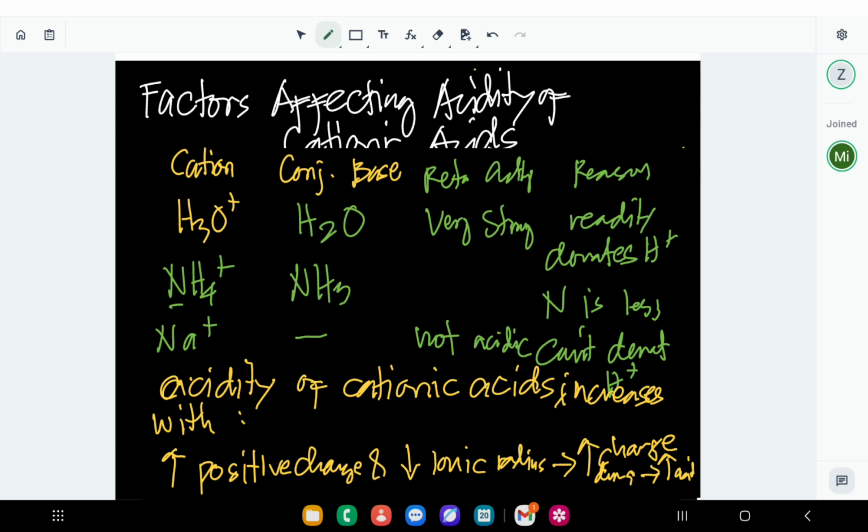Higher positive charge increases acidity, smaller ionic radius increases acidity, higher electronegativity increases acidity, electron donating groups decrease acidity, and a stabilized conjugate base increases acidity.